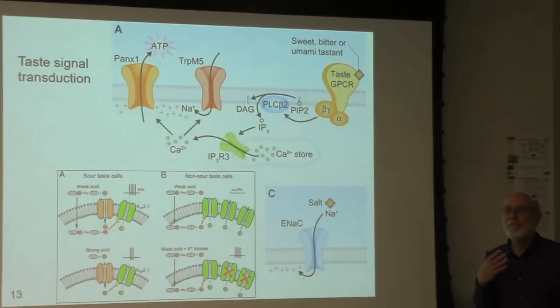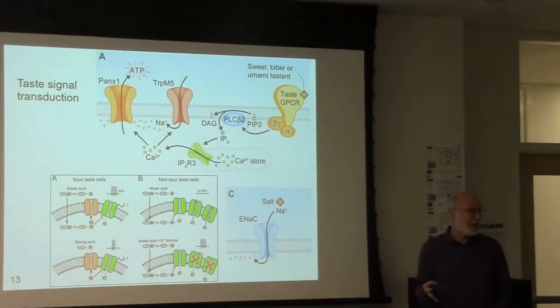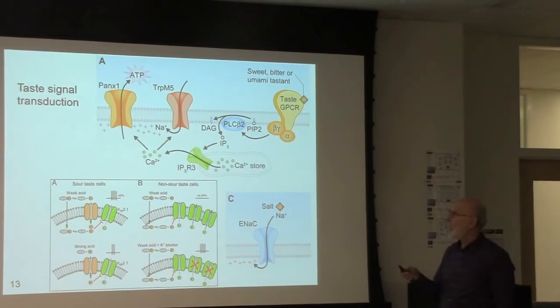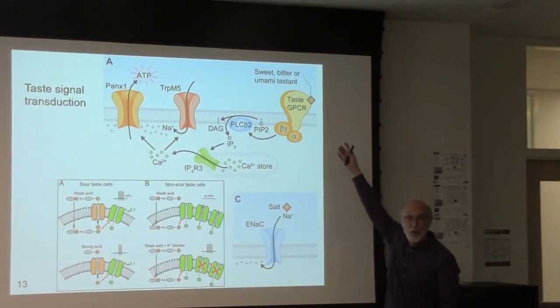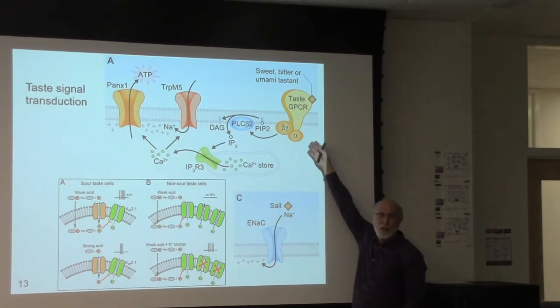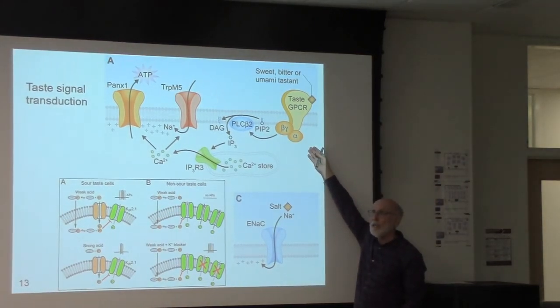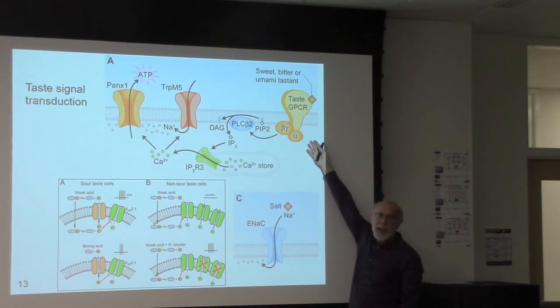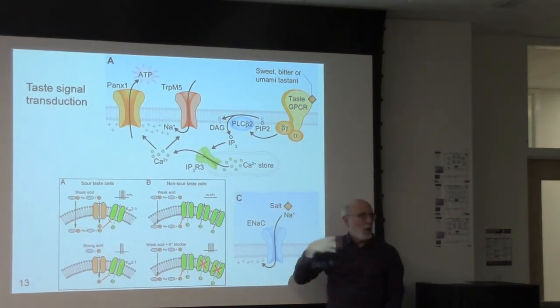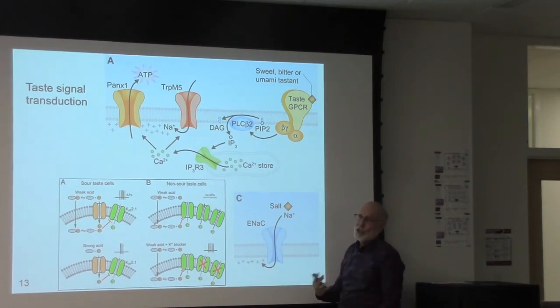So remember, we've got 5 different modalities, and we have 3 different mechanisms. Okay, so the simplest one, the one that uses material that you already know, is sweet, bitter, and umami. Those 3 taste modalities all activate a GPCR. The whole GPCR story that you should know.